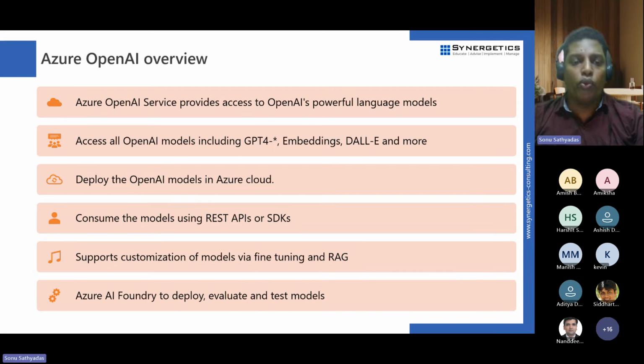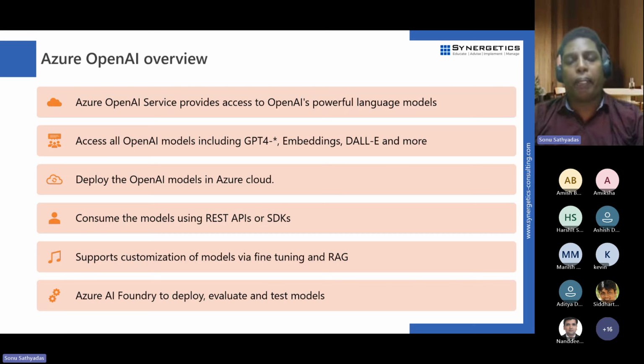If you want to use any of these OpenAI models, you can directly subscribe to them from OpenAI's website. You can go to openai.com and subscribe to their models. They provide different pricing options, and you can subscribe by creating a subscription.